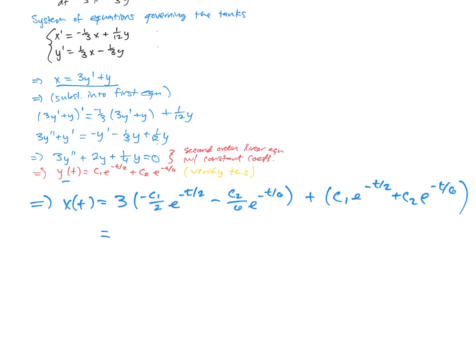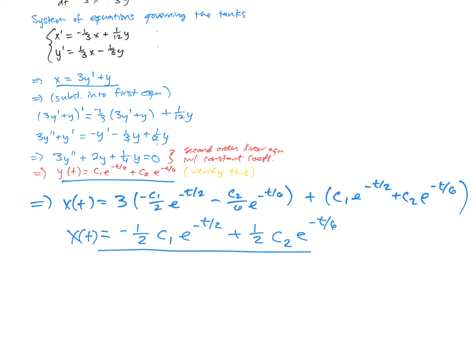And we can simplify this down and we get this quantity, negative 1/2 c1 e to the negative t over 2 plus 1/2 c2 e to the negative t over 6. So now we have expressions for both y and x. And we have initial conditions, so we can solve for those constants.